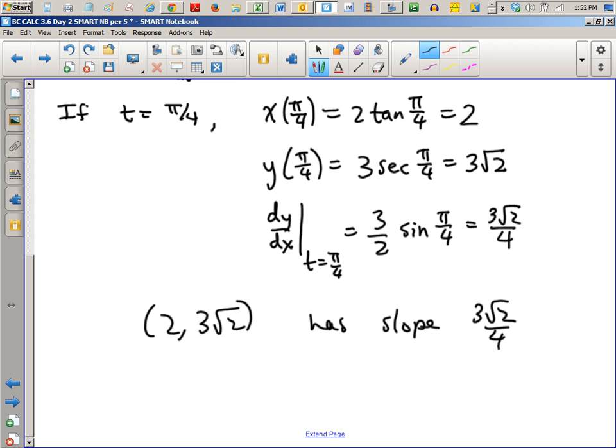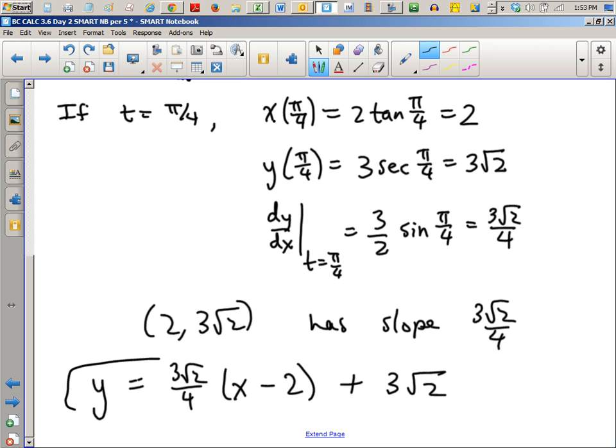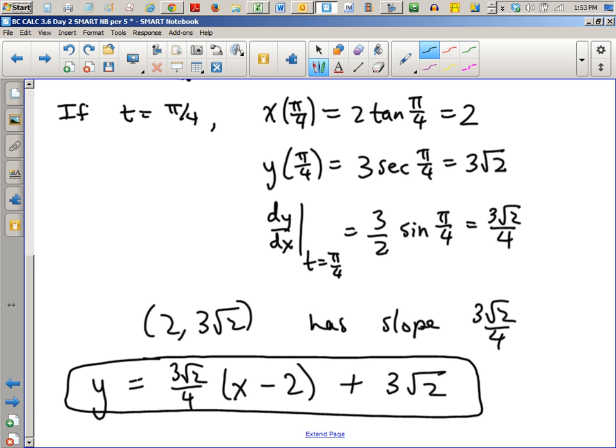That's all it means. I've got an x, I've got a y, and I've got a slope. So here's the equation of your tangent line. Slope times x minus the x coordinate of the point it passes through plus the y coordinate that it passes through. This is the tangent line of a parametrically defined function at a given value of the parameter.